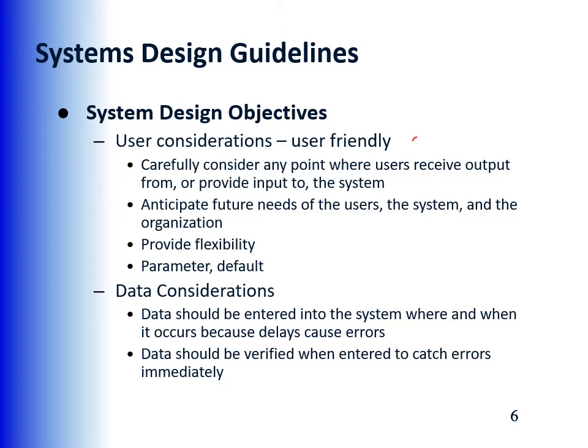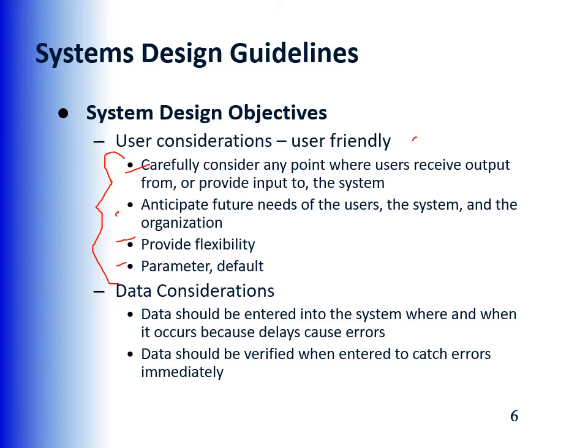Carefully consider any point where users receive output or provide input to the system, which means the user interface must be easy to learn, the input process should be easy to follow, and the output should be attractive and easy to understand. Anticipate future needs of the users, the system, and the organization. Provide flexibility, for example, by using a parameter which has a default value.